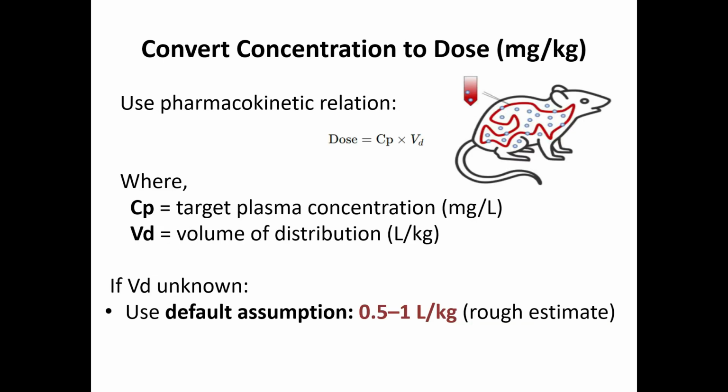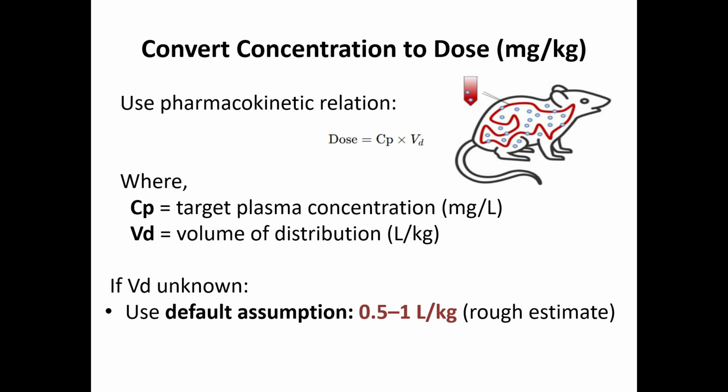So we will go ahead, and we will see how to convert concentration to dose in mg per kg. Use pharmacokinetic relations: dose is equal to Cp times volume of distribution Vd, where Cp is the target plasma concentration in mg per liter and Vd is the volume of distribution, which is liter per kg.